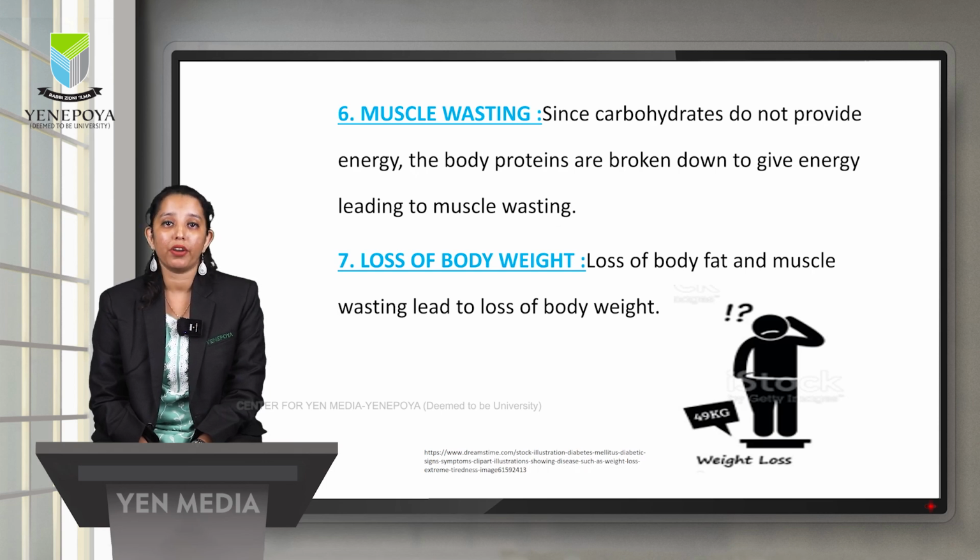Normally carbohydrates are the source of energy, whereas the proteins and the other nutrients help in growth and maintenance. In diabetic people, the carbohydrate amount is reduced, therefore the protein is broken down for energy, leading to muscle wasting. Loss of body weight. Loss of body weight and muscle wasting leads to loss of body weight.